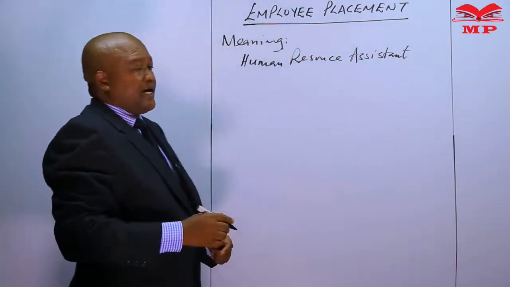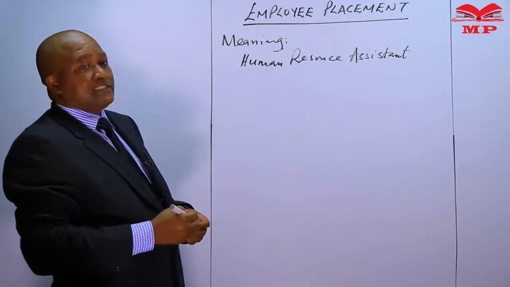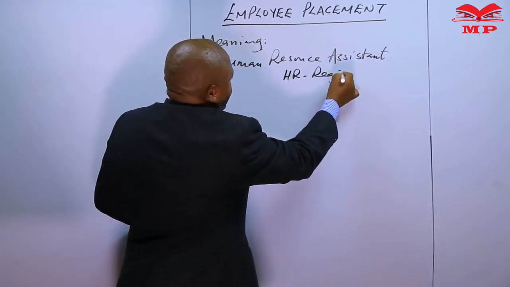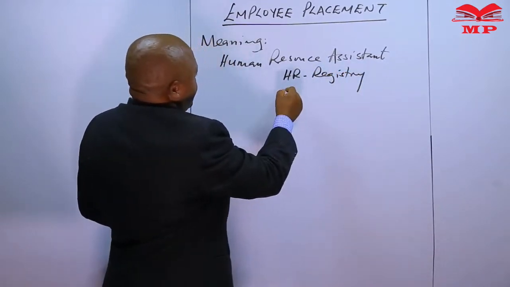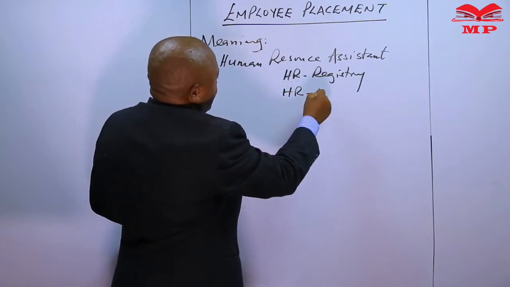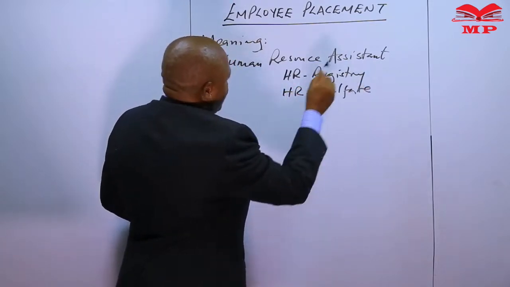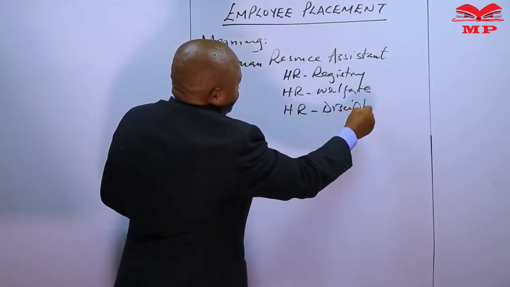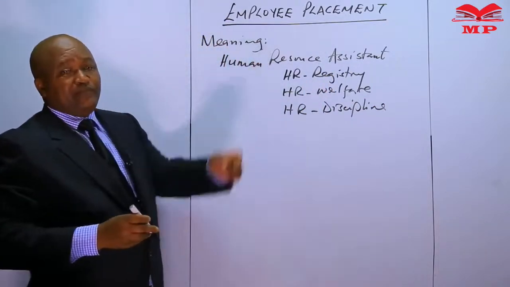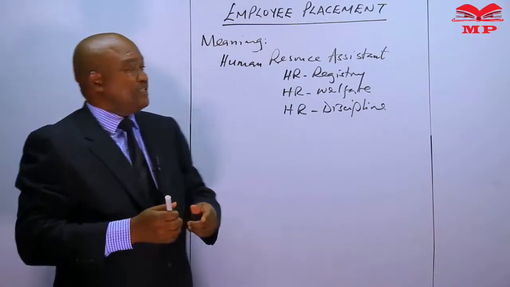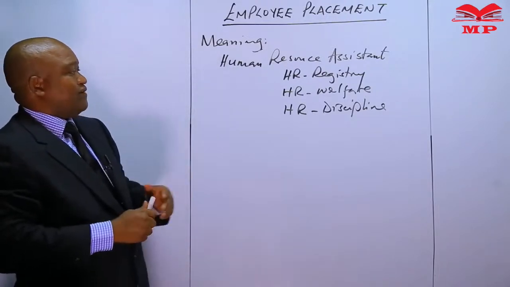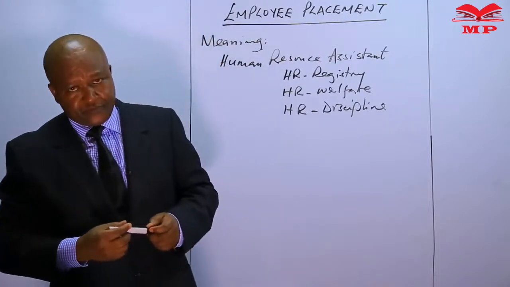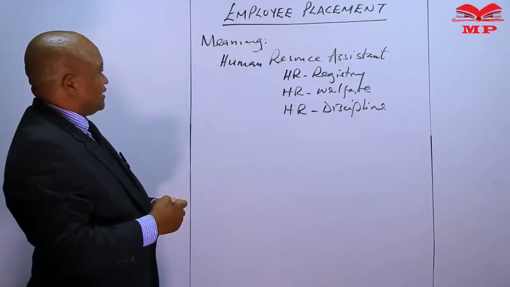This employee can fit as a human resource assistant in charge of human resource registry, or can be in charge of human resource welfare, or can be in charge of human resource discipline section. So the process of employee placement chooses for this specific employee which of these available positions is the most suitable for this specific employee.